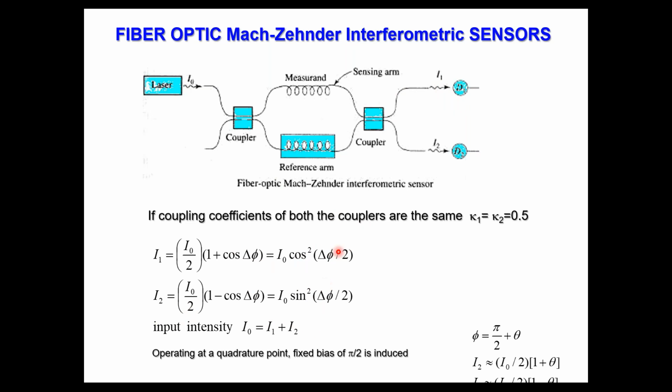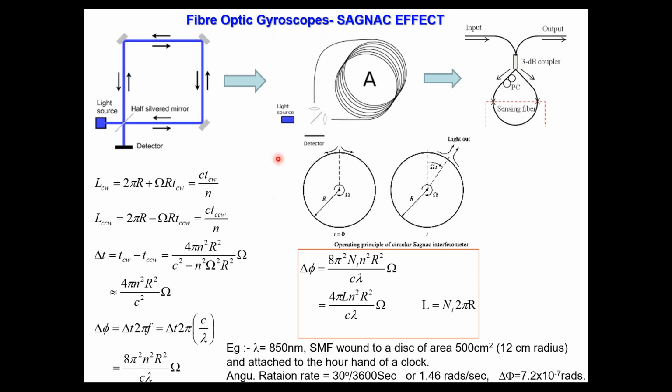If delta phi is equal to 0, the entire power will be in one of the arms and the other will be 0, or vice versa, depending on the delta phi value, or it can be equally divided into I1 and I2. In all cases, I0 is equal to I1 plus I2. In the case of a rotation sensor, as we mentioned earlier, the Sagnac effect is made use of here.